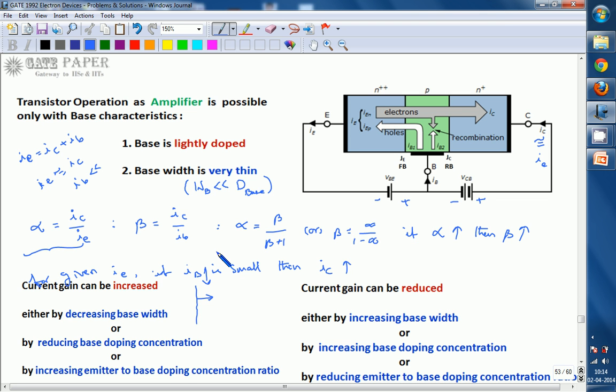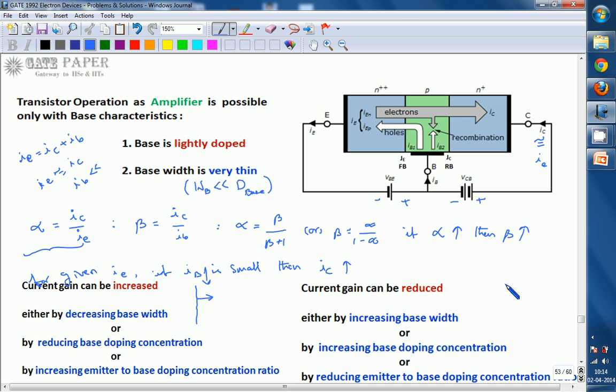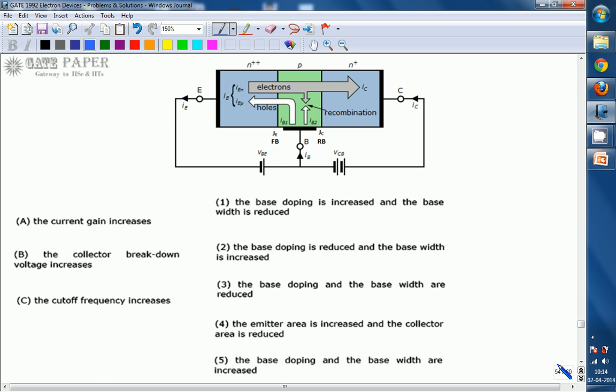Similarly, current gain can be reduced by going with the opposite conditions, either by increasing base width, or by increasing base doping concentration, or by reducing emitter to base doping concentration. So for option A, the answer is: current gain increases if the base doping and the base width are both reduced.